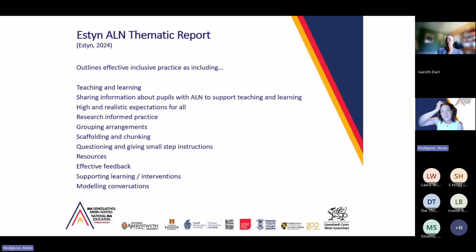In that Estyn 2024 report, they offered a list of what inclusive practice looks like.